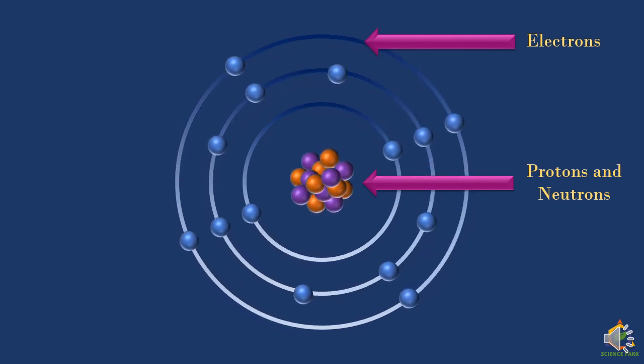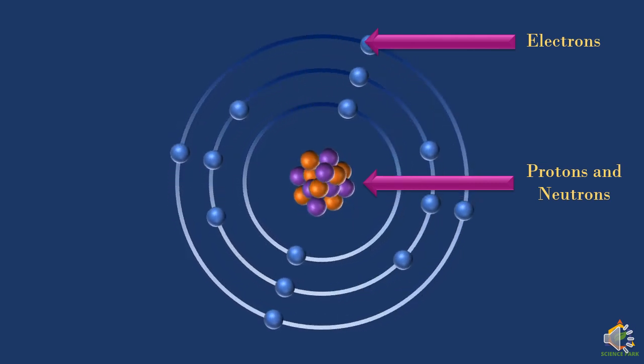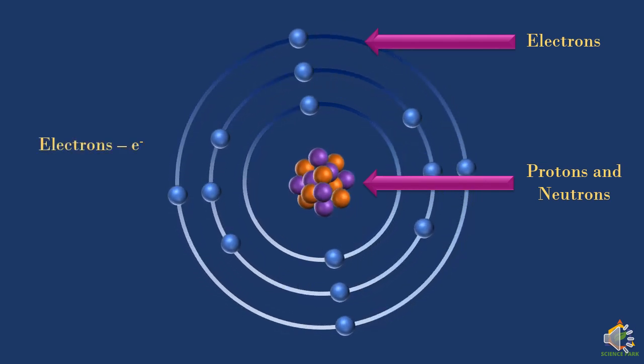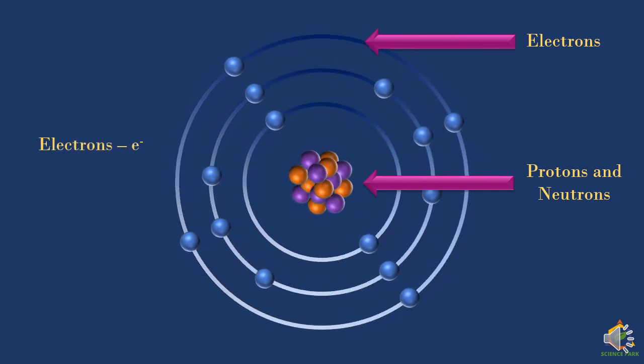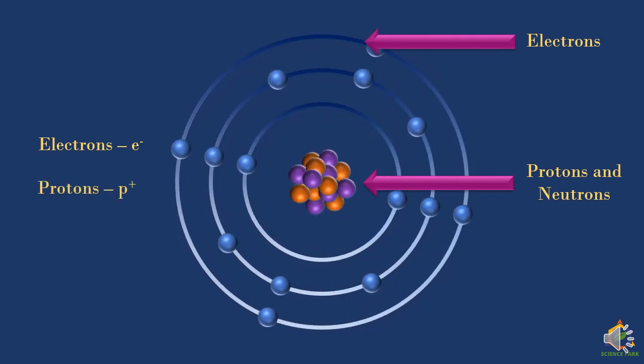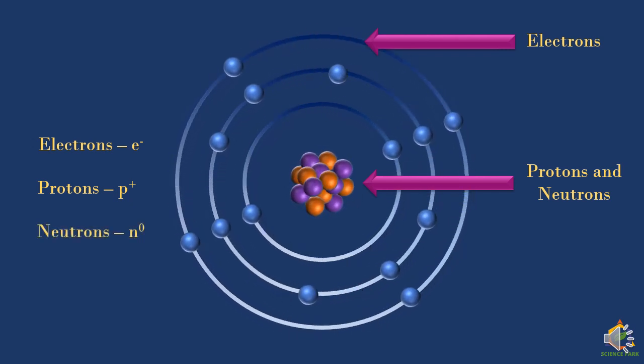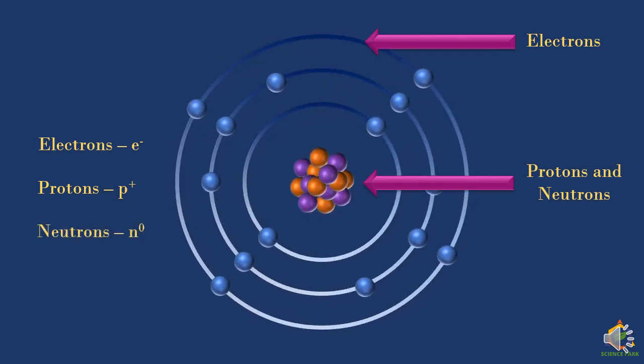Electrons are orbiting in specific orbits, right? Now friends, as you know, electrons are negatively charged, protons are positively charged, and neutrons don't have any charge. They are neutral.